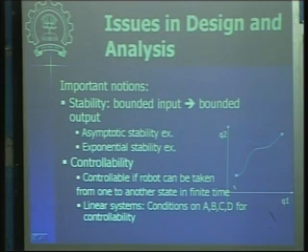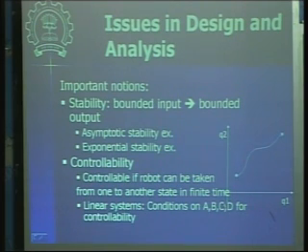and you want to move from this point to any other point in this space. So controllability refers to whether the robot can be taken from this point to this point in a finite amount of time.